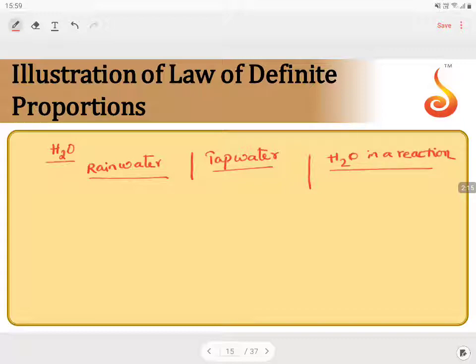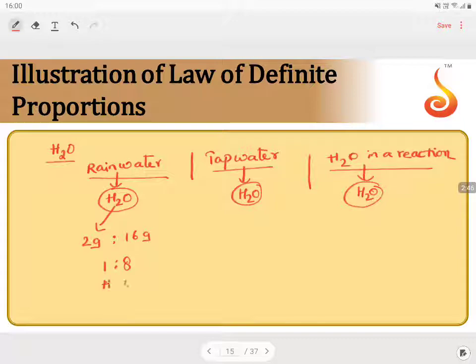Now, in rainwater, the chemical formula of water remains H2O. Whether it is tap water, the formula remains H2O. In this also, the formula remains the same, H2O. But the basic point is that in H2O, 2 grams of hydrogen combine with 16 grams of oxygen, giving a 1:8 ratio of hydrogen and oxygen.